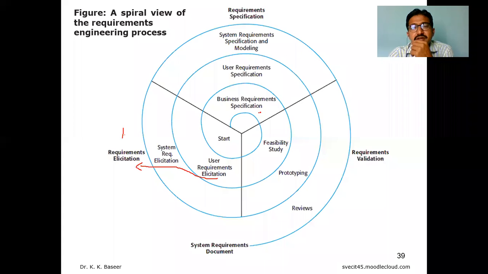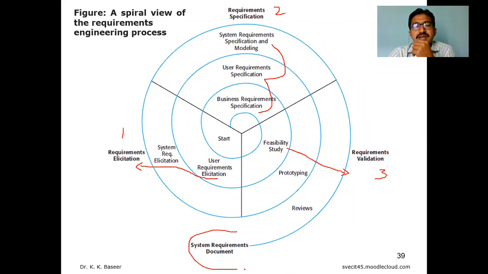Business requirement specification, user requirement specification, and system requirement specification deal with the second one, requirement specification. So business, user, and system requirement specifications all come under the second phase. The third phase, where we check whether it is feasible, do prototyping and review the entire process, is requirement validation. And then finally it gives an SRD, the document which deals with all the details.